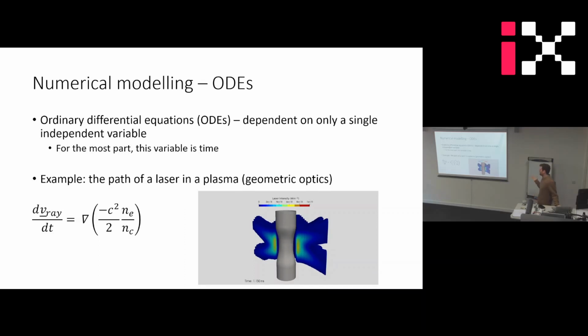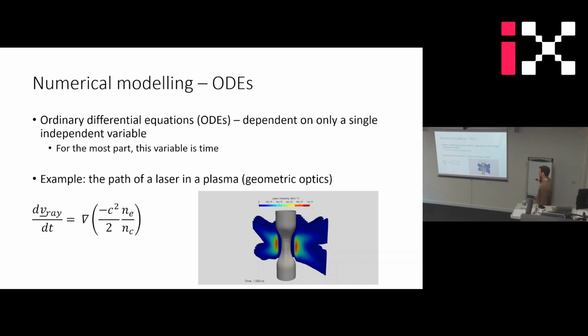Ordinary differential equations just depend on one single variable, so how something changes in time. I already gave Newton's second law. That's an ordinary differential equation. And for the most part, that independent variable is time. One example from the research, from one of the models in that code, is how we propagate the laser through a plasma.